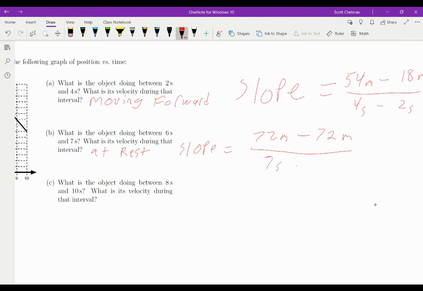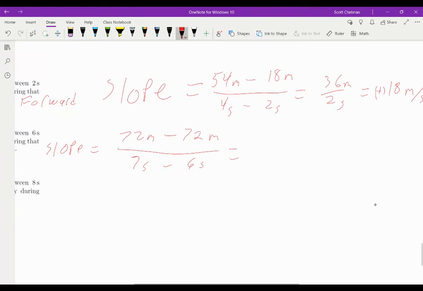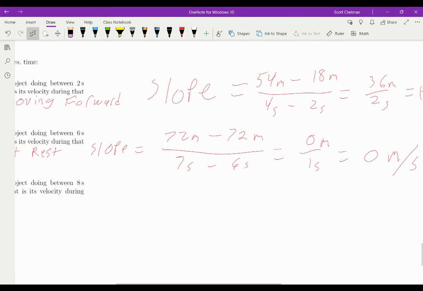And this was 7 seconds, and this was 6 seconds. All right, so that means 0 over 1 second. Therefore, 0 meters per second. All right, that's why it's at rest, because that distance isn't changing, and it's distance divided by time.